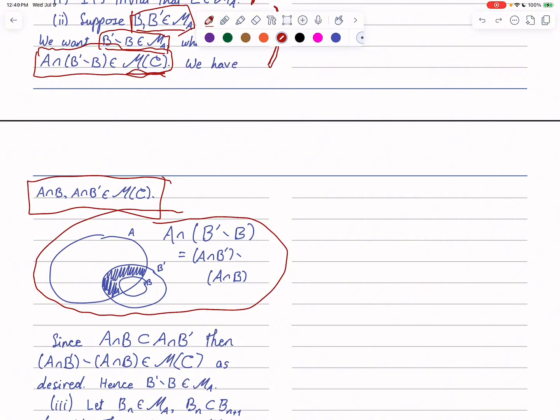Anyway, this is an attempt at drawing a pretty convincing Venn diagram just to help us think about this set, A intersect B prime minus B, and how we might show that it is a member of the monotone class.